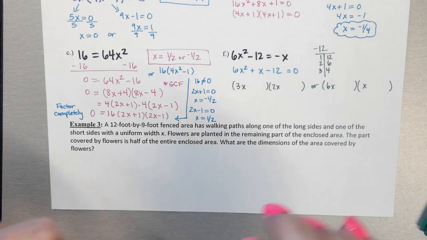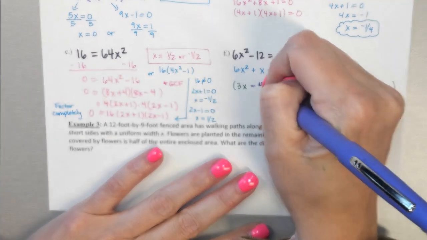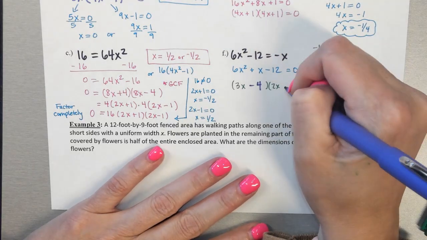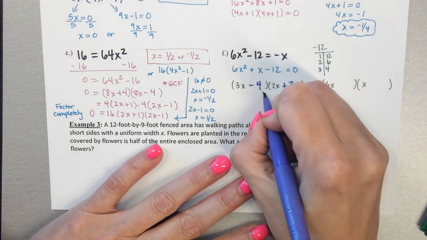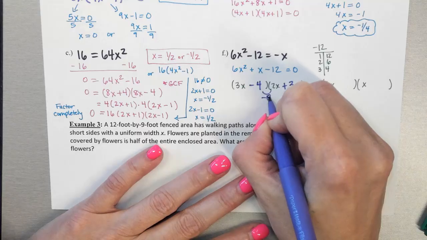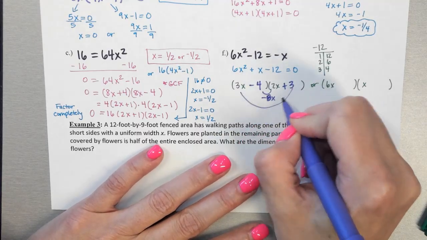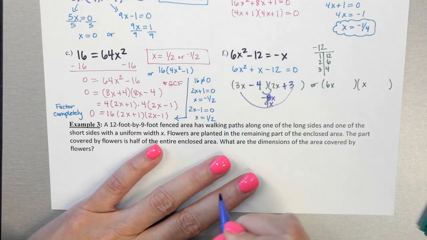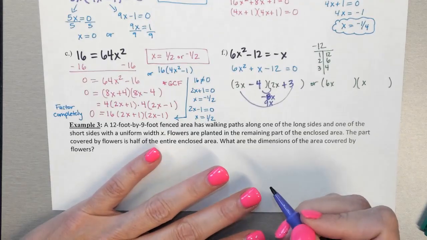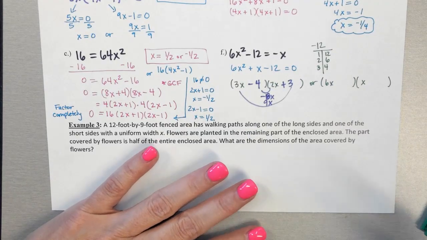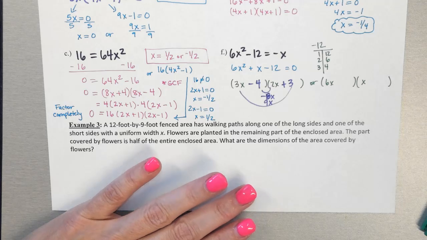Okay, so if you put in like -4 and +3, this is -8x. 3 times 3 is 9x. 9 minus 8 is going to be +1. Yay. And then there's one more step now.